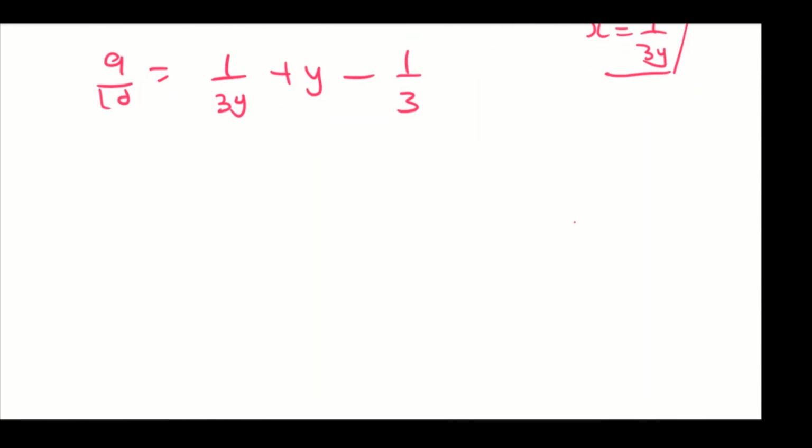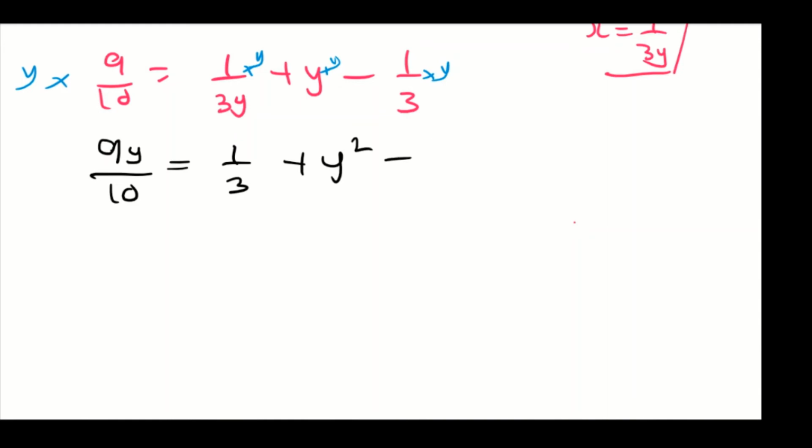What we're going to do here is remove the y at the denominator. So we're going to multiply by y on all sides. We're going to have 9y over 10 equals 1 over 3 plus y squared minus y over 3, right? Then we multiply by 3 on all sides.